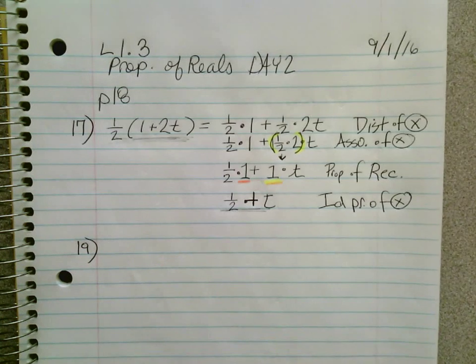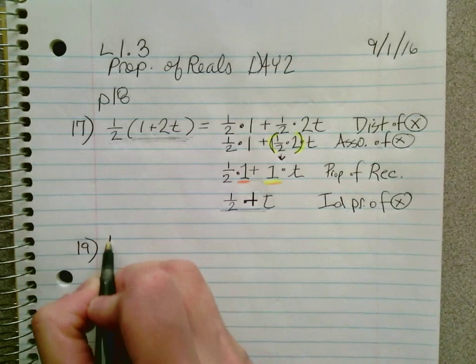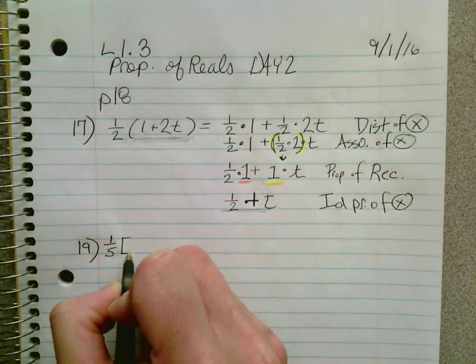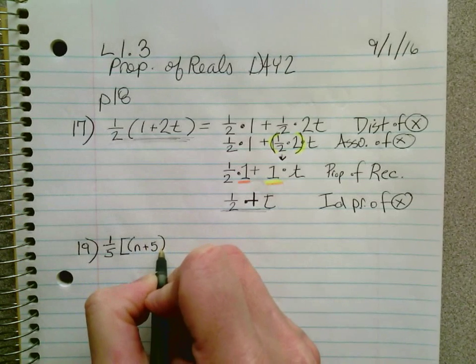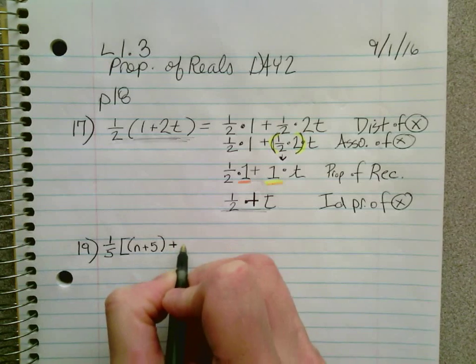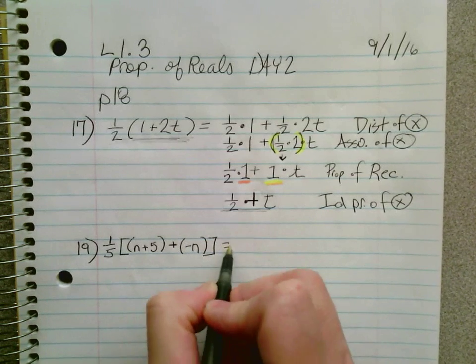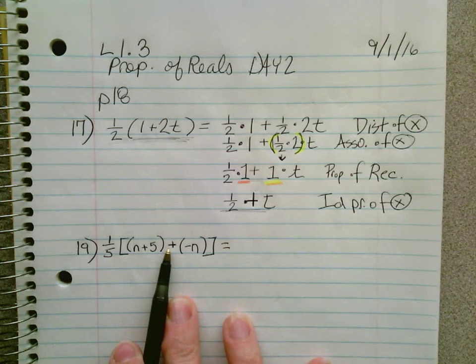Number 19 has 5 steps, A, B, C, D, E. I didn't label these, but you can figure that out. It starts with a given of 1/5 brackets, parentheses, n plus 5, parentheses, added to a negative n. I'm sure we're going to use the property of opposites later. Close brackets. So we start with this, and our goal is to get to a 1. If you look at letter E, our goal is to get to a 1.